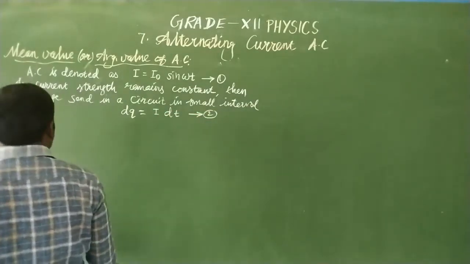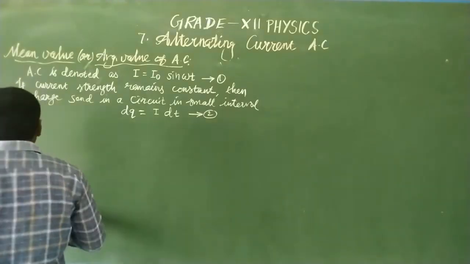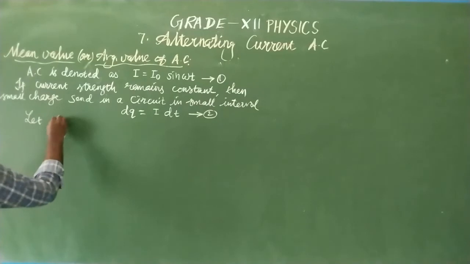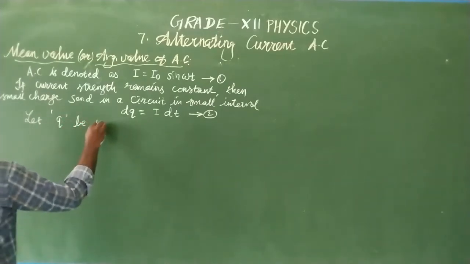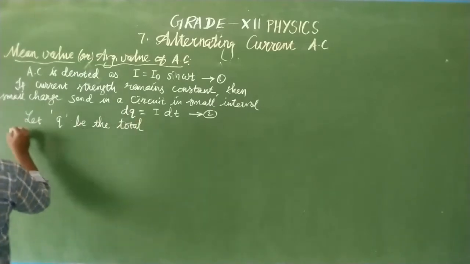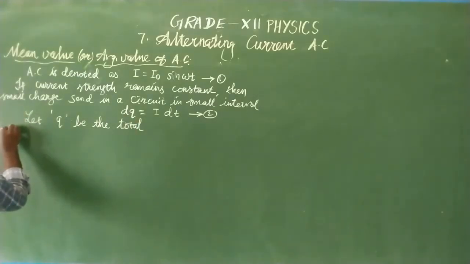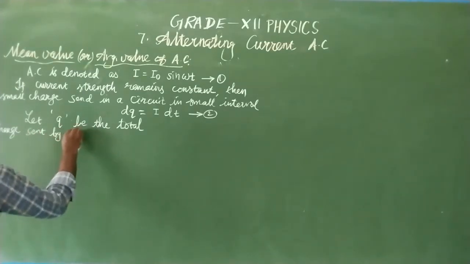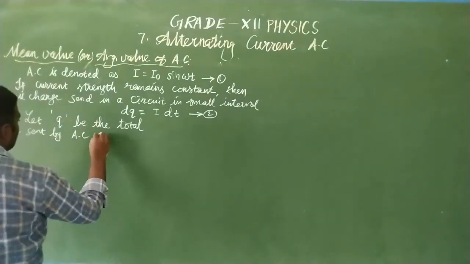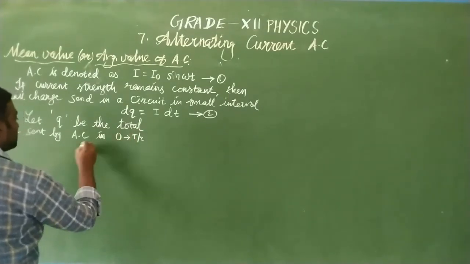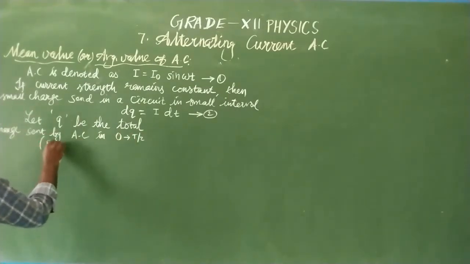Now let us assume Q be the total charge which is sent by AC in 0 to T by 2, which means the first half cycle.